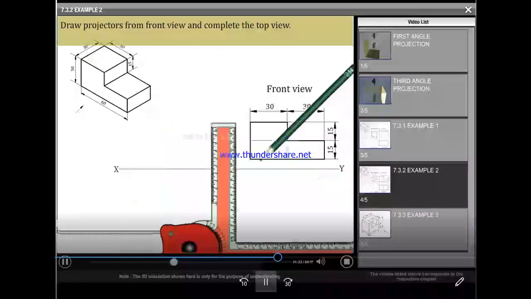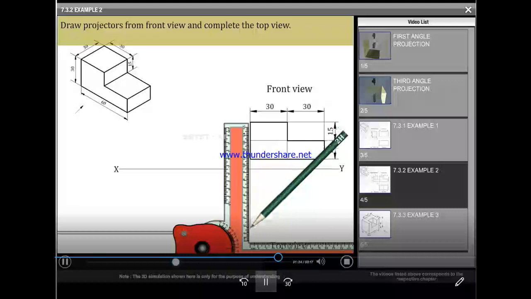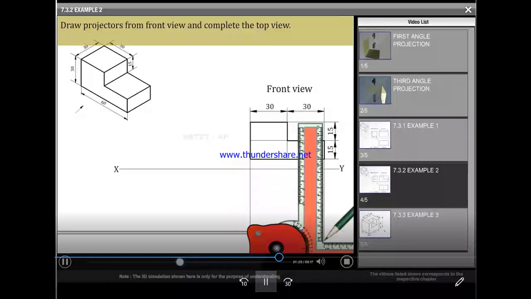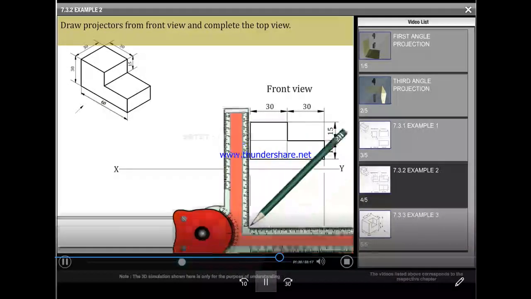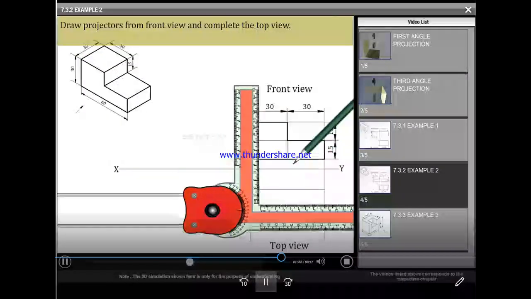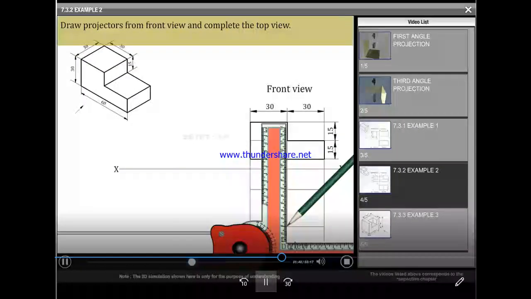Now to get the top view, draw projectors from important corners of the front view. Complete the top view. For this distance, we'll get a rectangle.